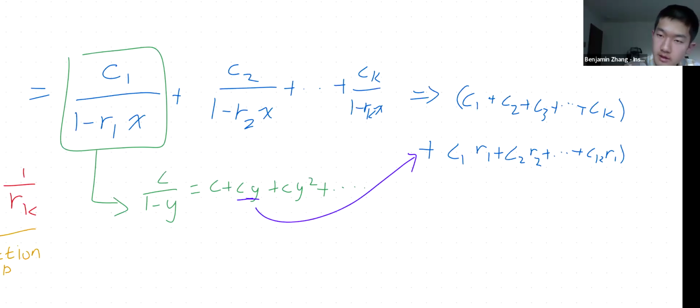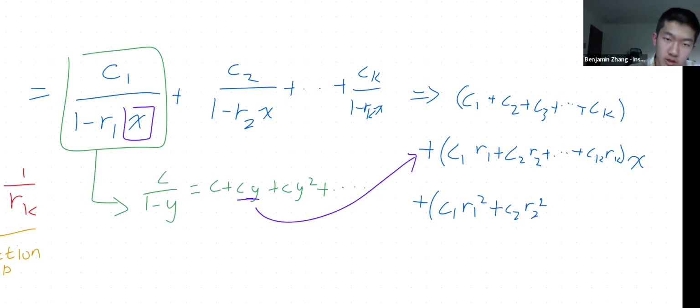This is times x, because it has that term in it. And then we have another one, which is C1 R1 squared plus C2 R2 squared, all the way to CK RK squared, and you see where this is going, times x squared.